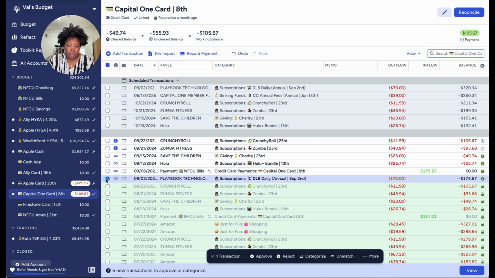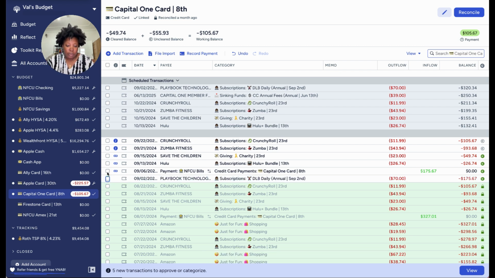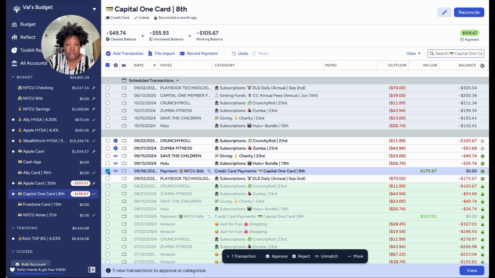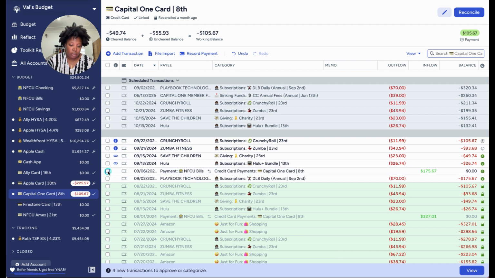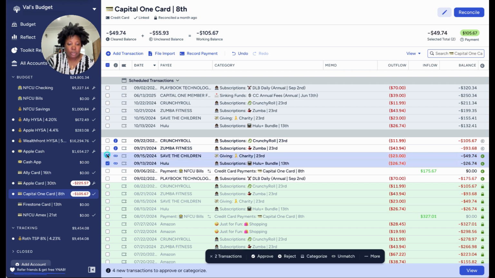So that came out $70, so let's approve that. Then we have a mobile payment for $175.67 from my bills account, so let's approve that. Then my Hulu subscription recurring and my charity subscription recurring. So these two are good to go.